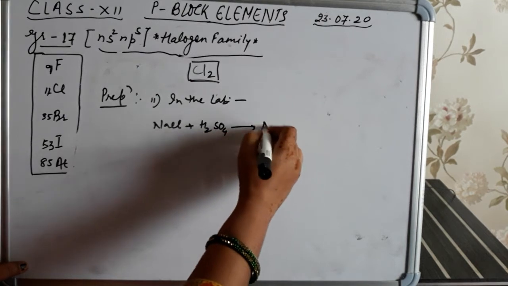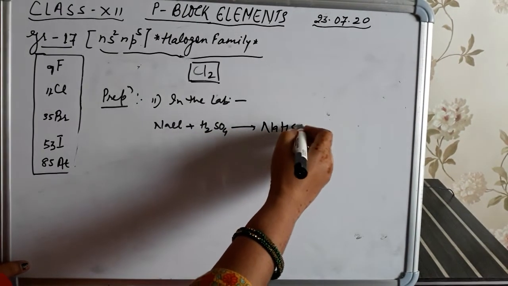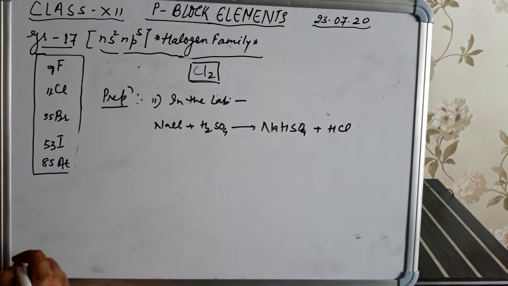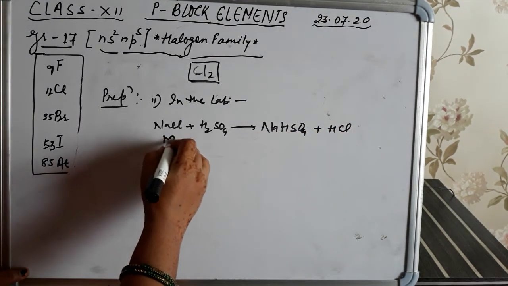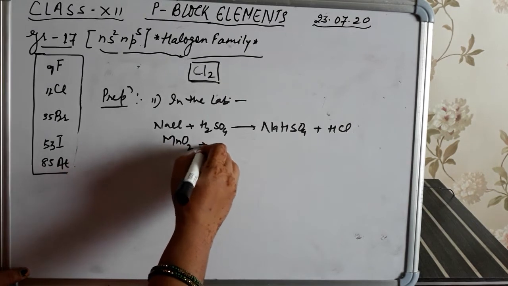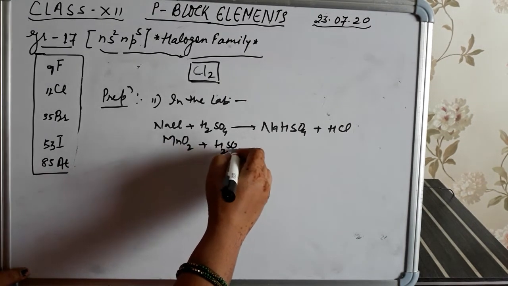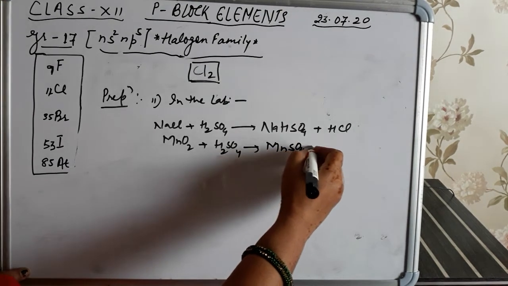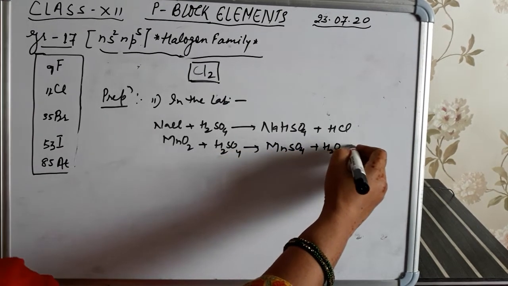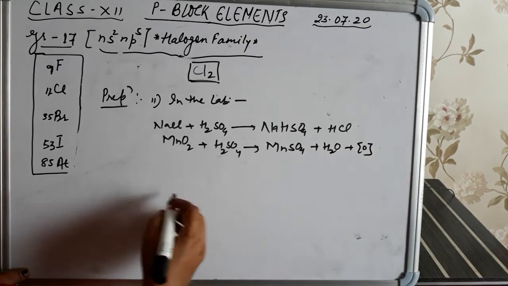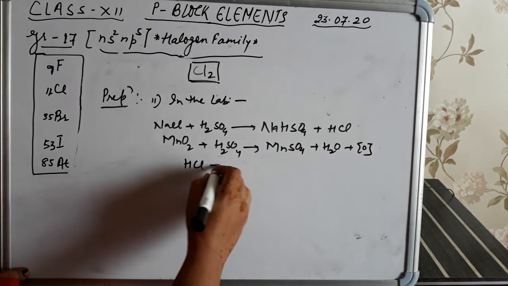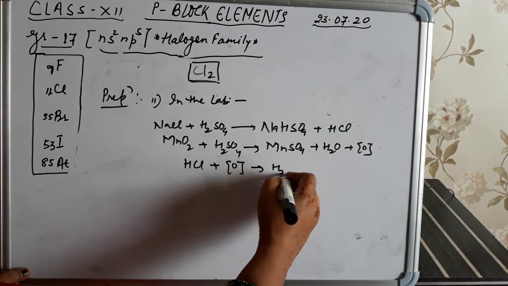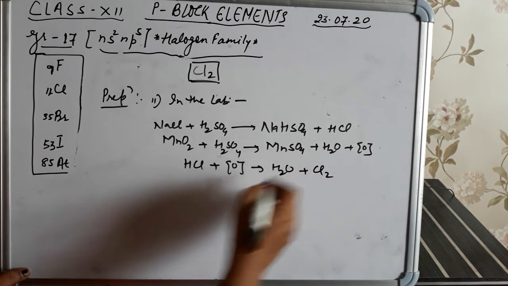It will form NaHSO4 plus hydrochloric acid. Manganese dioxide with H2SO4 forms manganese sulfate, water and nascent oxygen, and this HCl is treated with nascent oxygen to form water and chlorine.